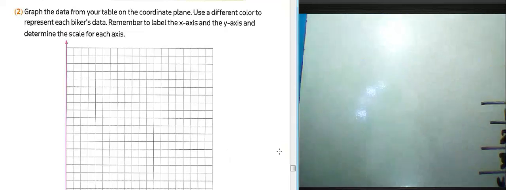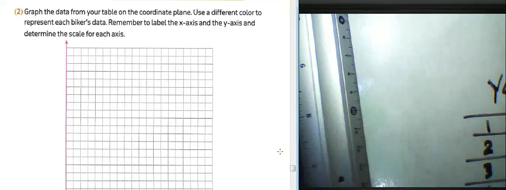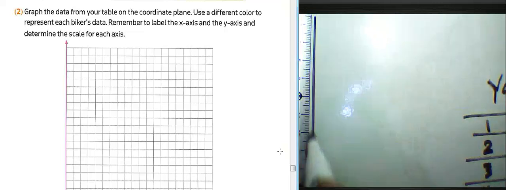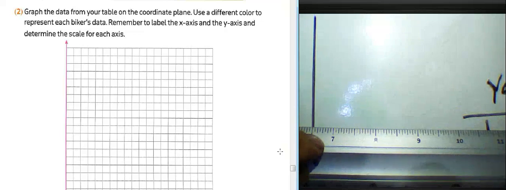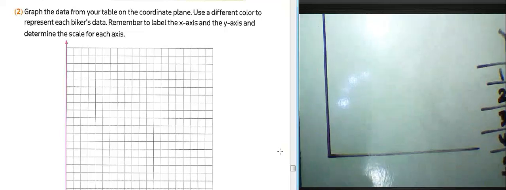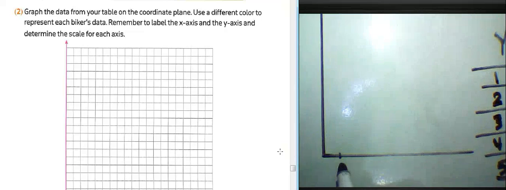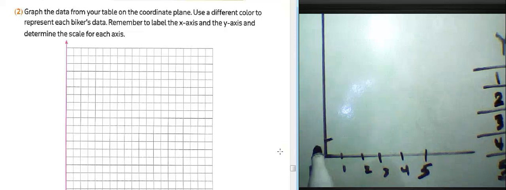Look at with me how we can draw it. We can draw this coordinate plane.